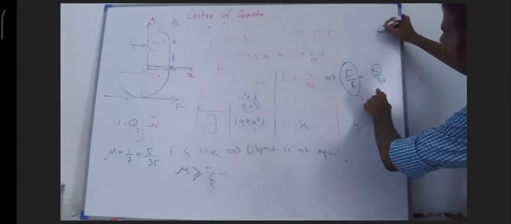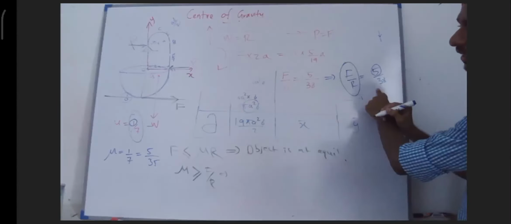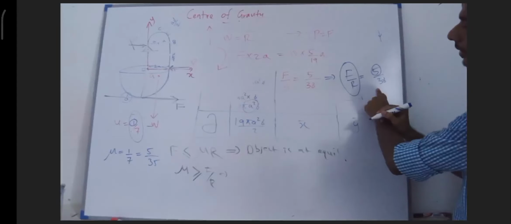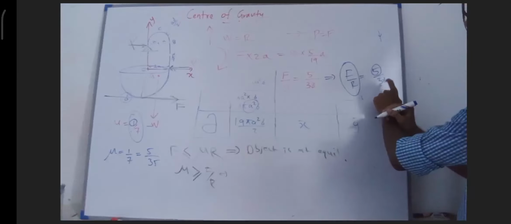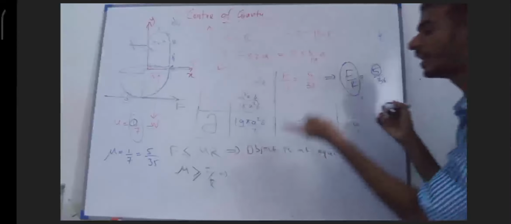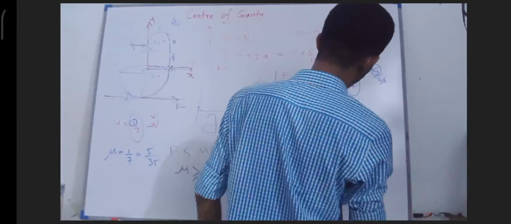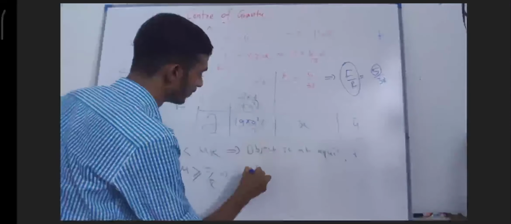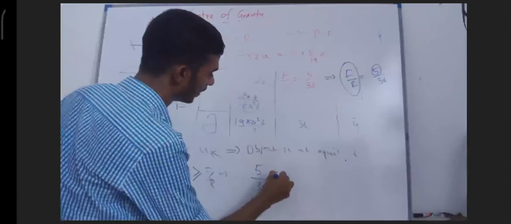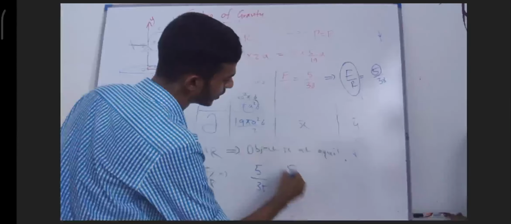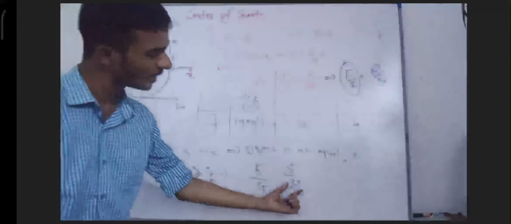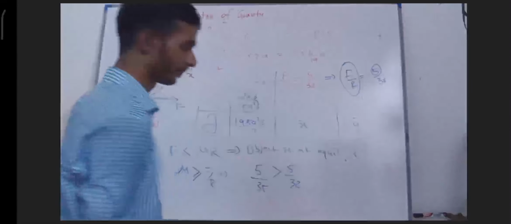When the denominator decreases, the entire fraction will increase, as you all know. So which is greater, 5 by 35 or 5 by 38? Since 5 by 35 is greater, 5 by 38 will be less.